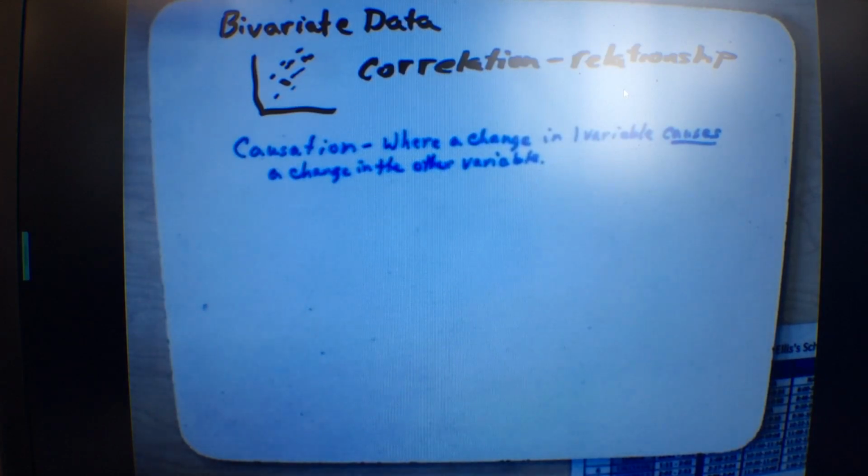What happens when you work more hours? You get paid more. This is a causation, because the number of hours actually causes you to make more money, correct? So one variable affects the other one. Does that make sense to you?